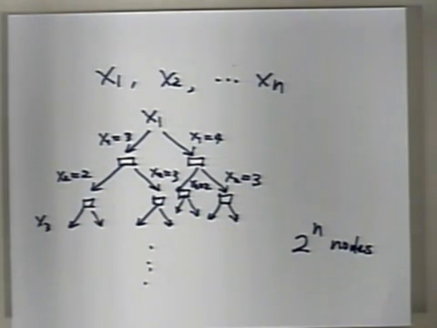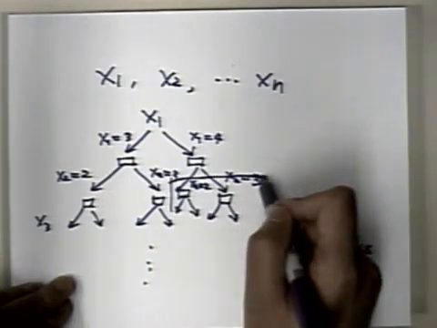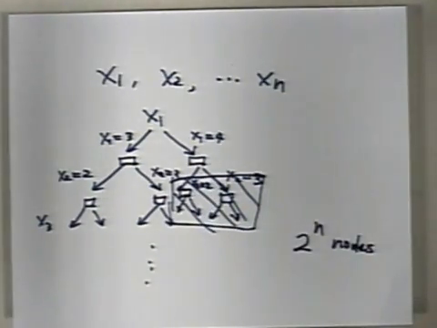Why may this branch and bound technique work? Because at a certain point, if I know this part, there's no need to branch further because my upper and lower bound have already collapsed to the same thing. Then you don't have to branch on other variables because they won't play any role.